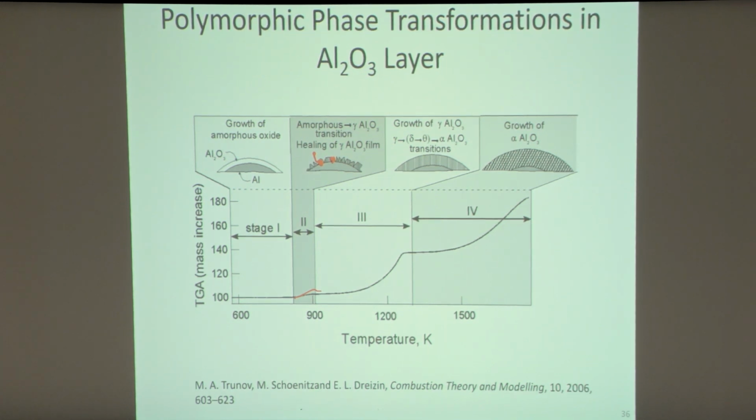And then the same thing can happen as I go from gamma to delta and alpha aluminum oxide. So the phase transformations of the oxide itself can become very important in the ignition process.